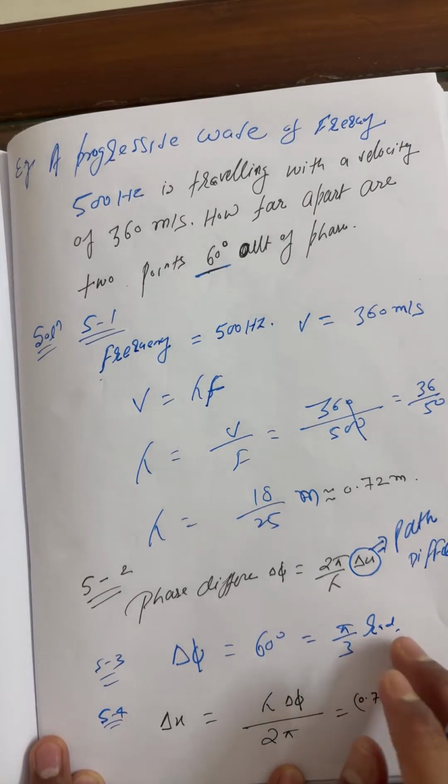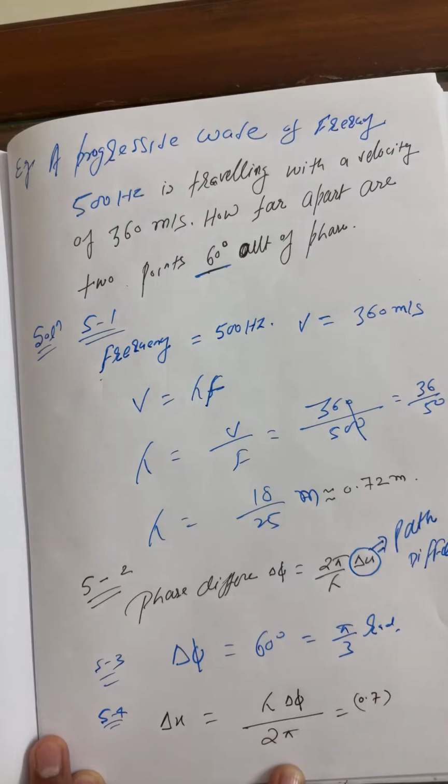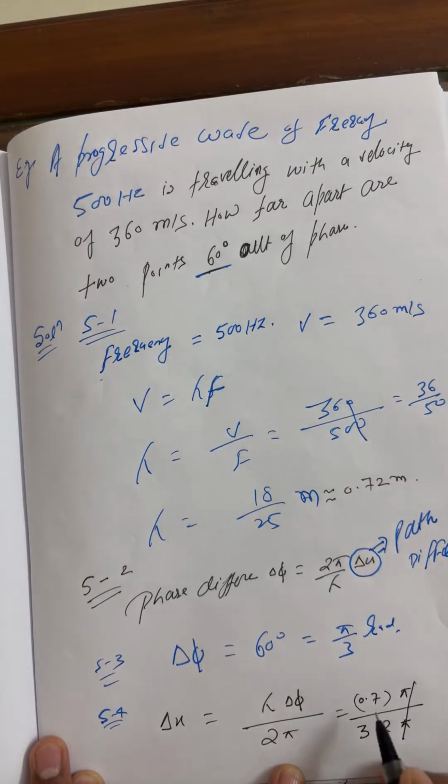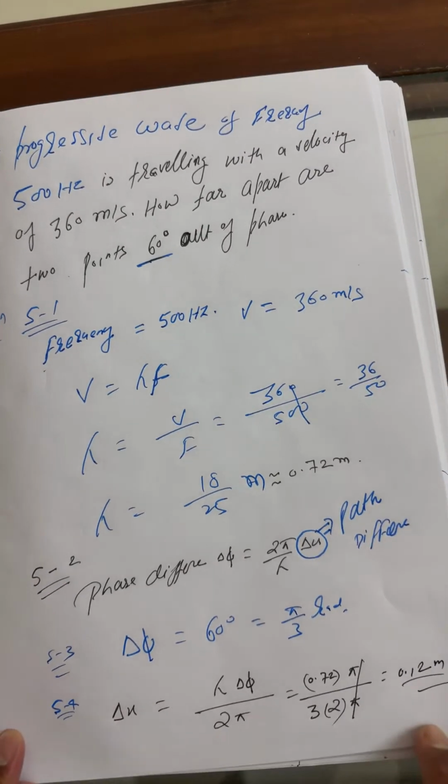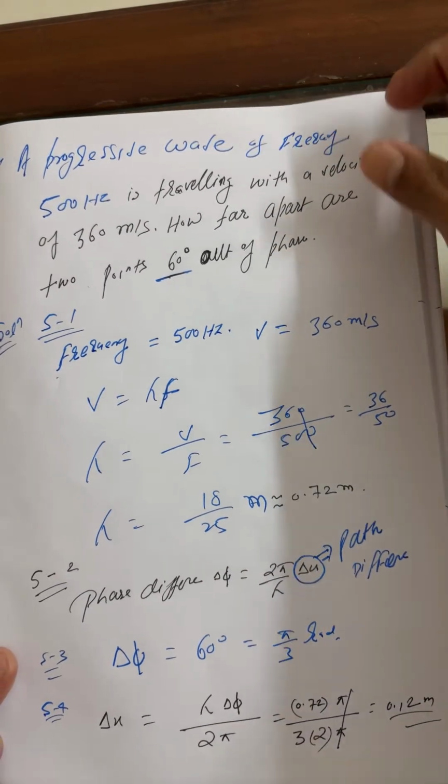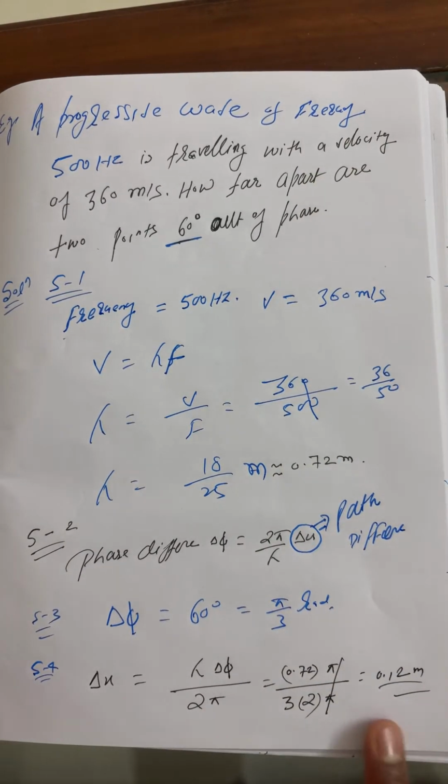Delta phi is pi by 3, into 2 pi in the denominator. Pi cancels out. So this is 0.72 upon 6. How much is it coming? 0.12 meter. This is the answer for the question: 0.12.